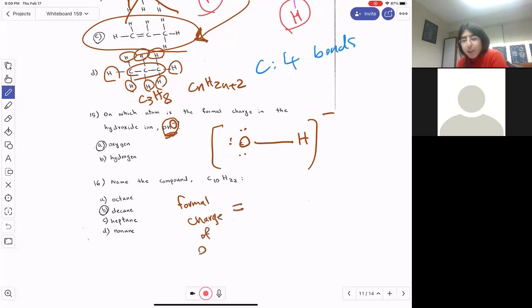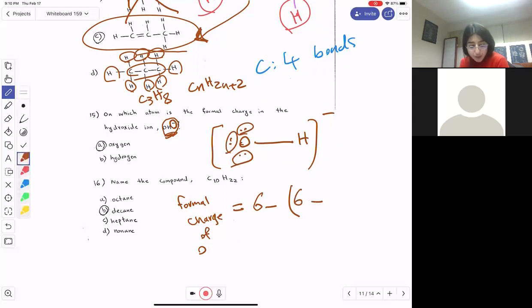Remember, the number of valence electrons for oxygen is 6, minus the number of non-shared electrons, which is 6, minus half of the shared electrons, which is 1, equals. I always do that. These two have plus signs between them.